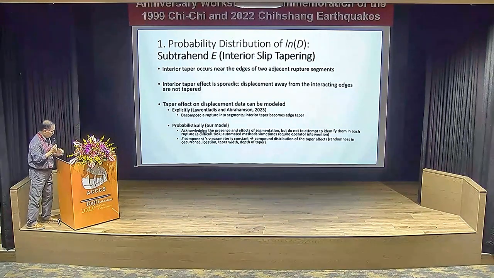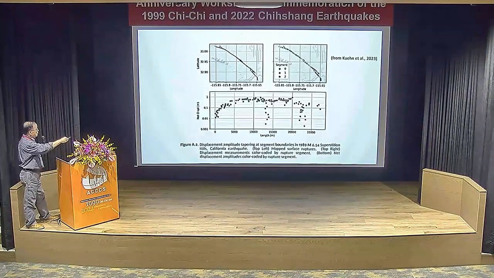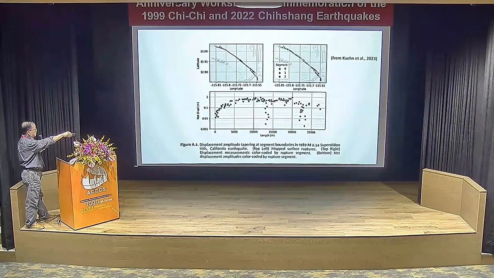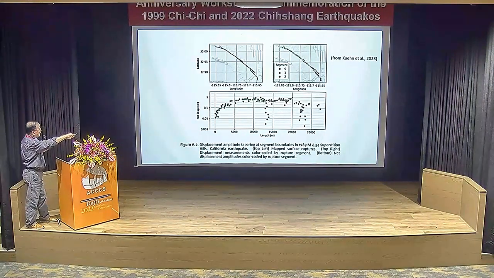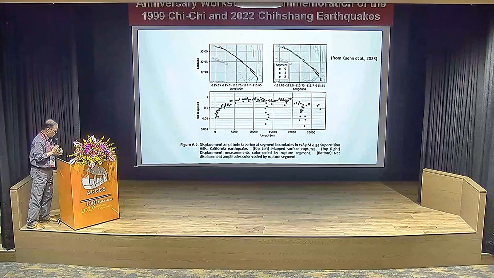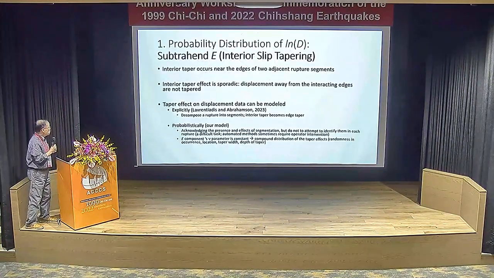Okay. You can see that you can still model the displacement here with a traditional slip model or a shape profile. So it's only where they're near the boundary of these two segments that we can see the tapering of the displacement.